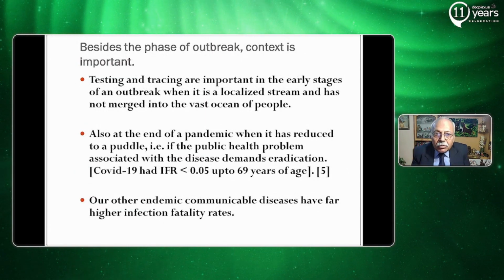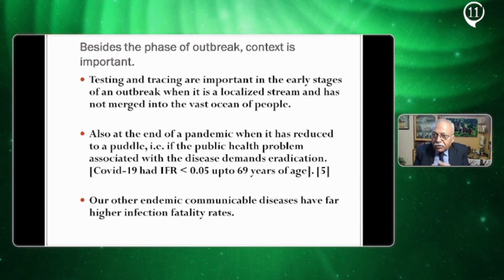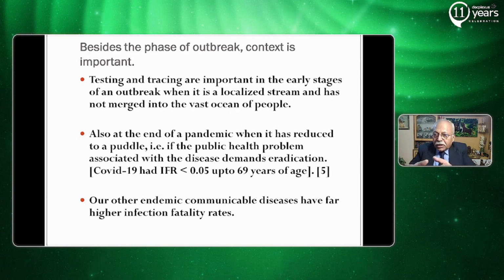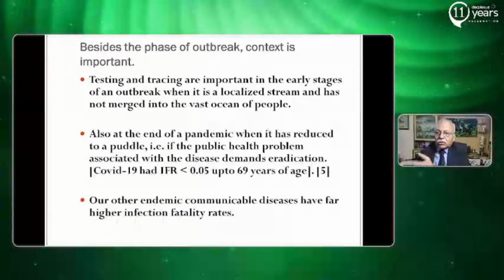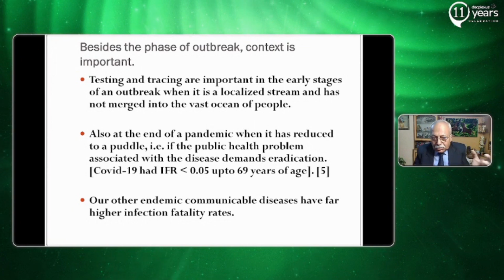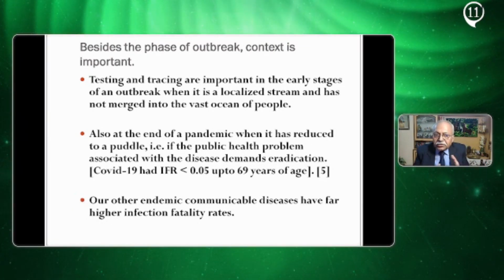So, besides the phase of the outbreak, context is also important. First, as I said, test and trace is for the initial phase, like when you are driving, starting a car first, then subsequently the context, what the traffic is like, you adjust your driving according to the traffic, according to the GPS and other things nowadays.